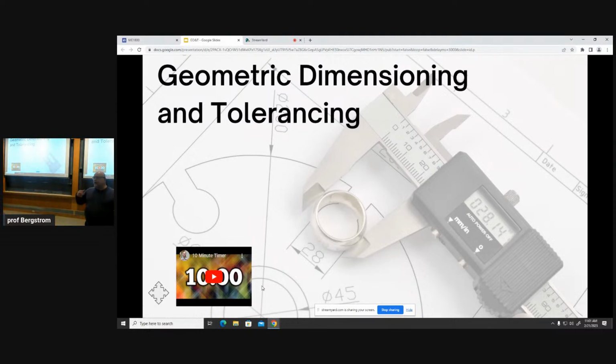So anyone could design something, right? Anyone could design something, and anyone could pick the dimensions that they want, and anyone could pick the tolerances, and then you could write a story about it.